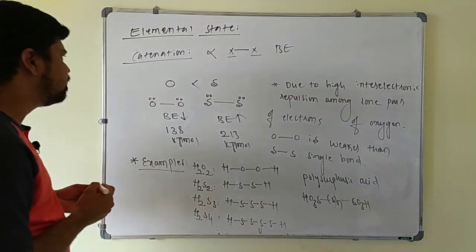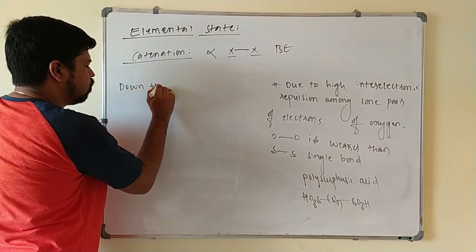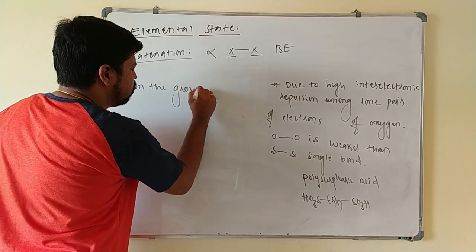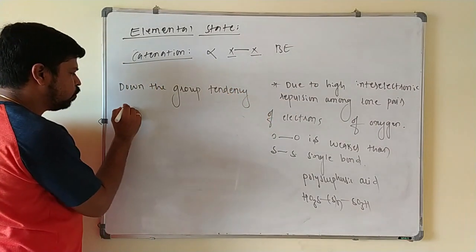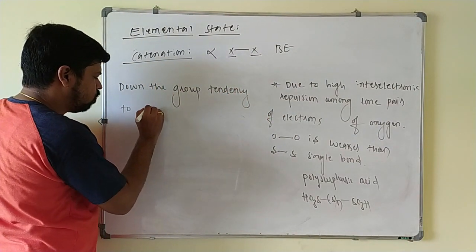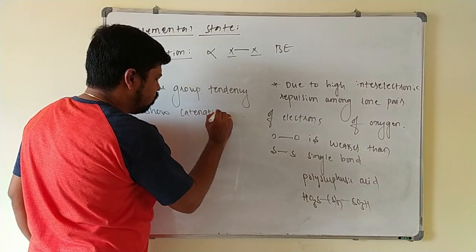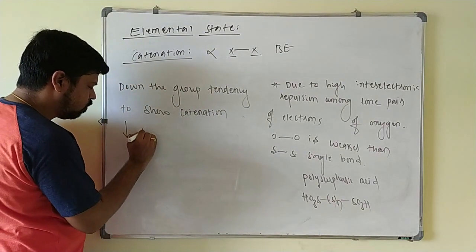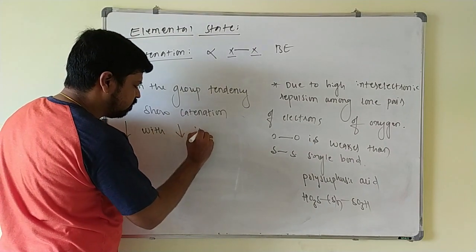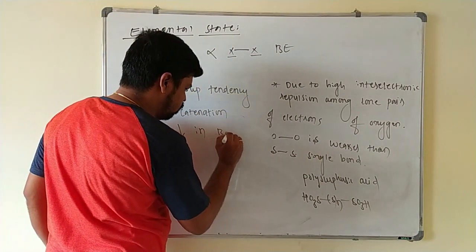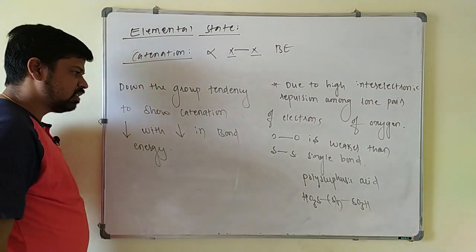Okay, I'll write in the next point. Down the group, tendency to show catenation decreases with decrease in the bond energy.